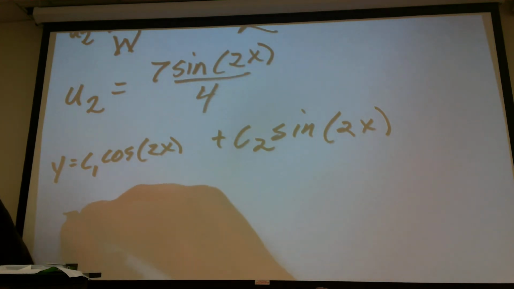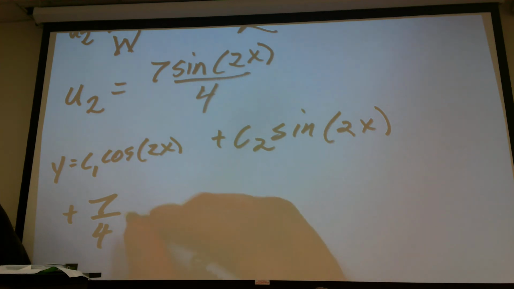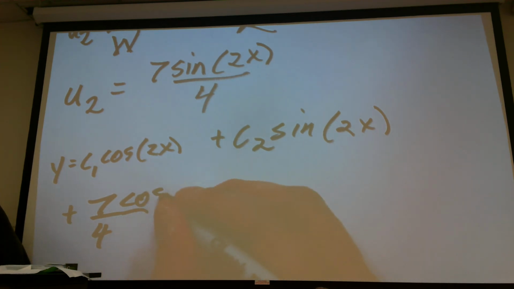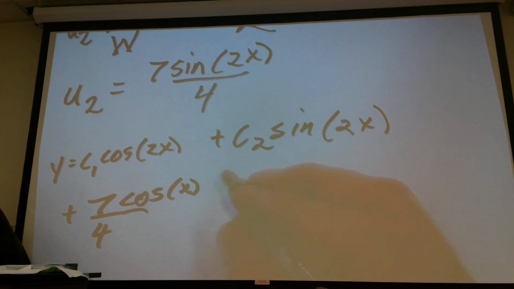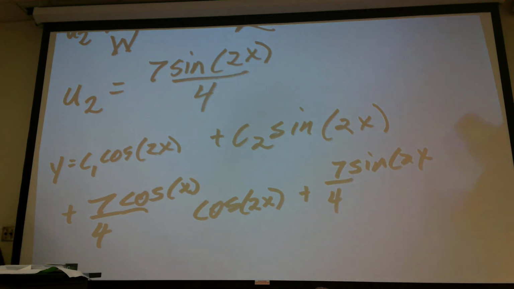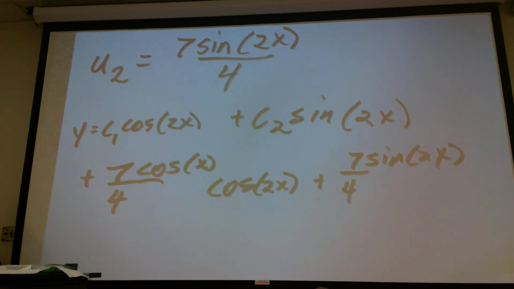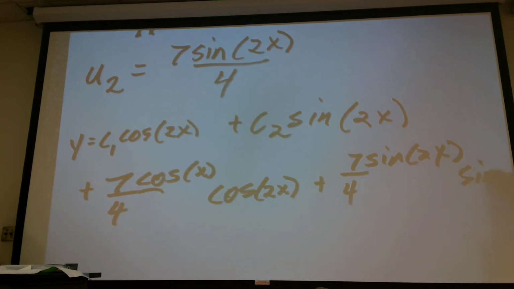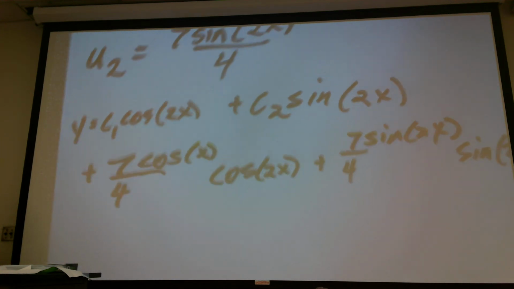So that's going to be plus 7 over 4 cosine of 2x. That's my u1 times my y1, which is cosine of 2x. Now plus 7 over 4 sine of 2x, and that is being multiplied by y2, so it is also multiplied by sine of 2x.